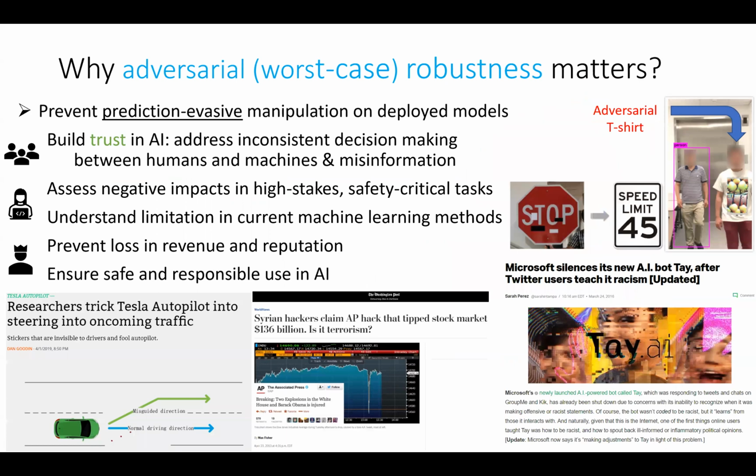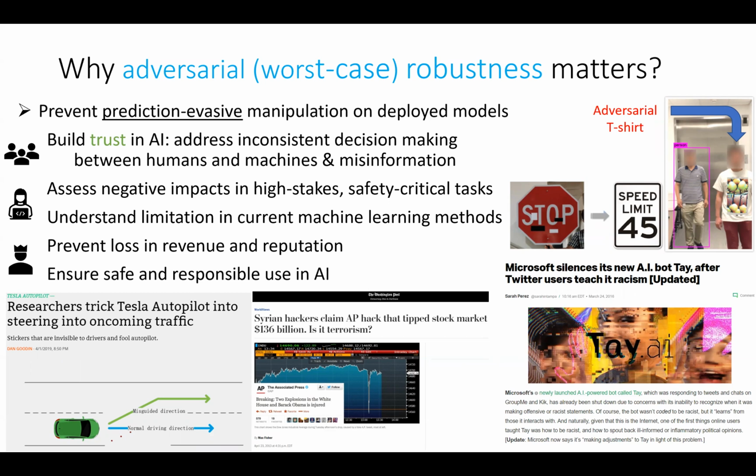So why do we care so much about adversarial, or in other words, worst-case robustness? The importance is that we would like to prevent prediction evasive manipulation on deployed machine learning systems. No matter what your role is in AI technology, I believe everybody should understand and even practice adversarial robustness.